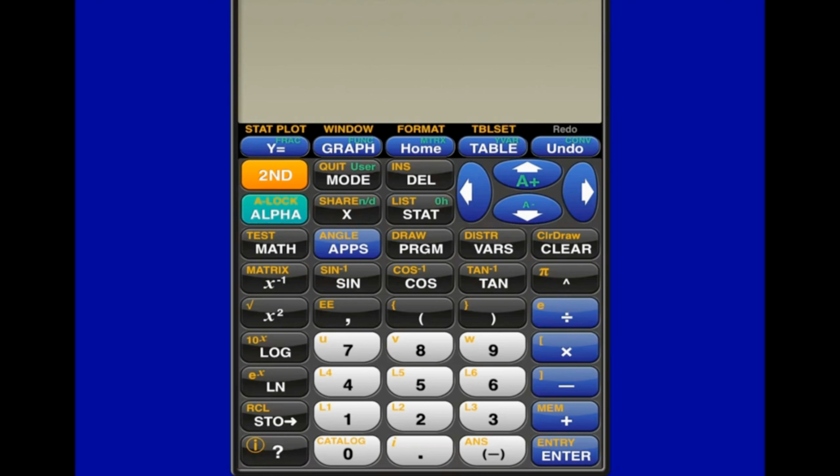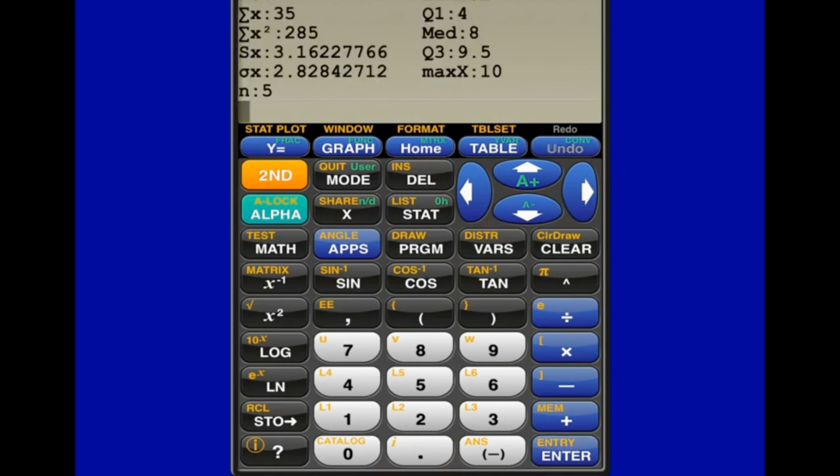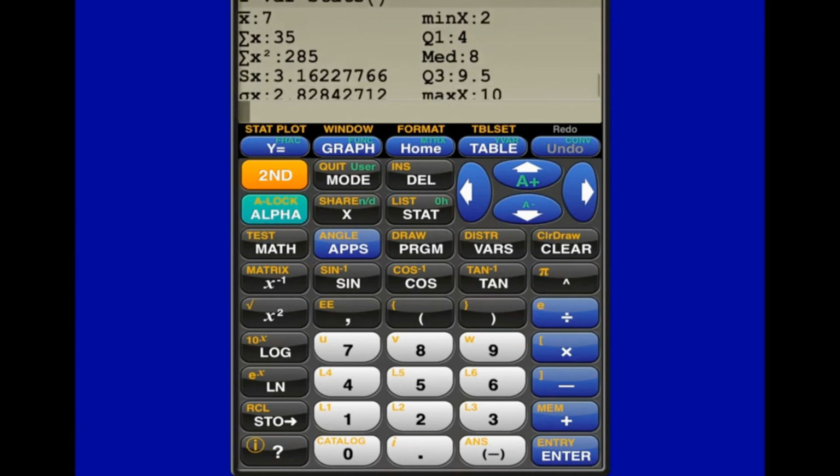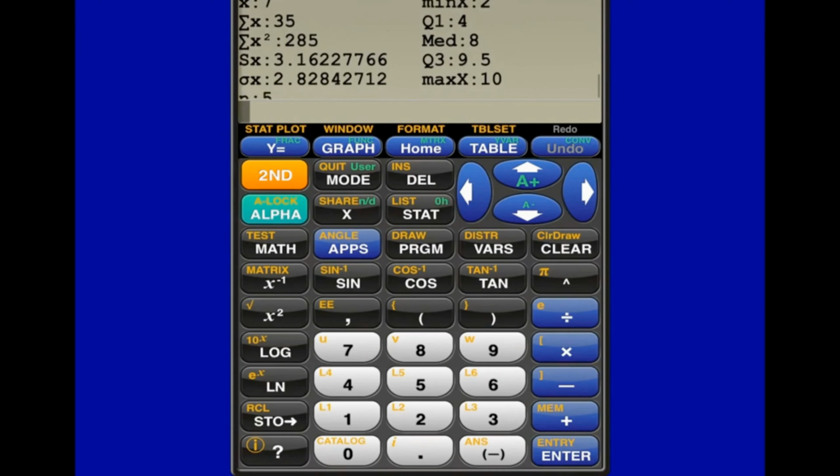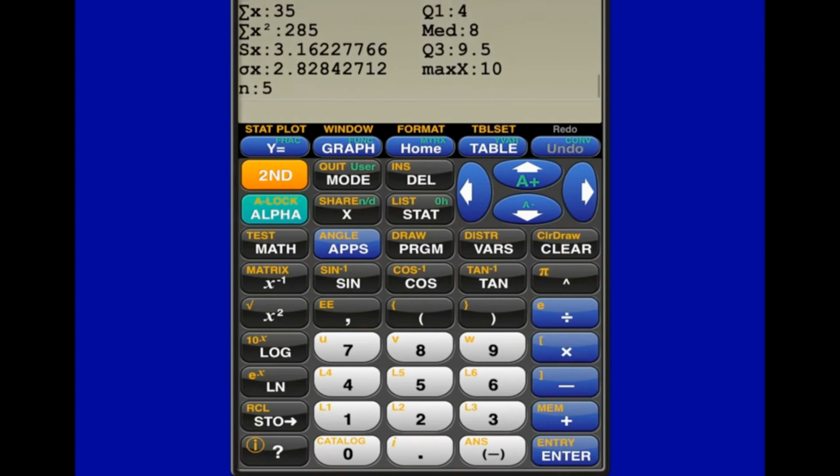Remember, if you just press Enter here, the default is just list 1. Okay, here I have 2.8. Looks like ox, but it's not. That is my 1 bar stats there for my first list.